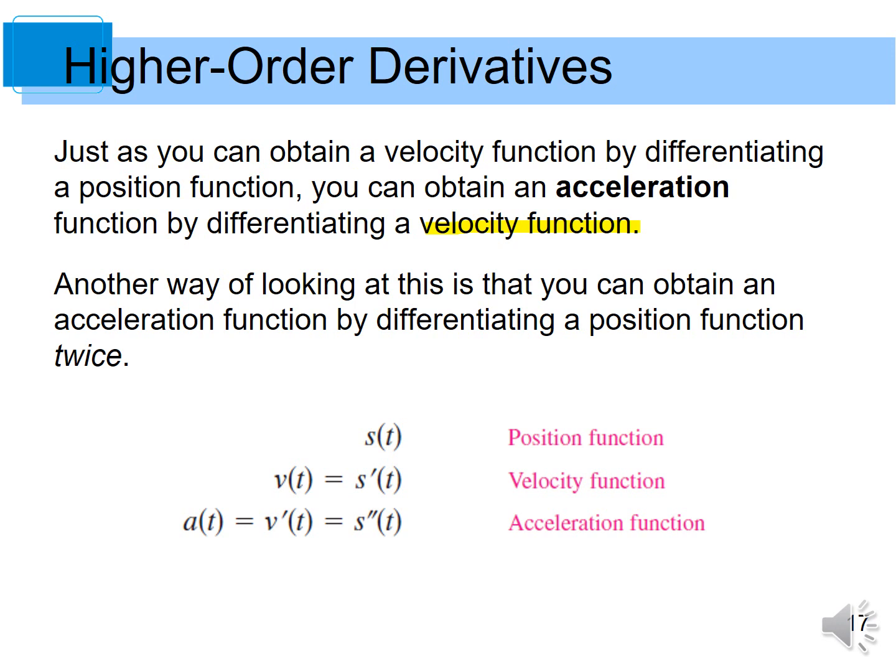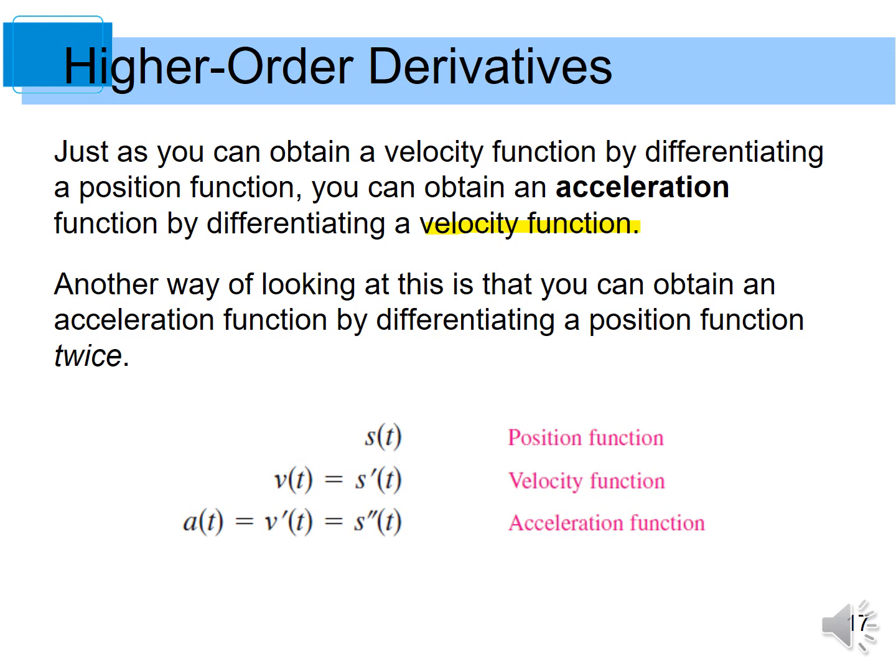Another way of looking at this is that you can obtain an acceleration function by differentiating a position function twice. Look at the sequence. First, we have the position function, and we differentiate. We have the velocity function, and we differentiate again. So we have the acceleration function.